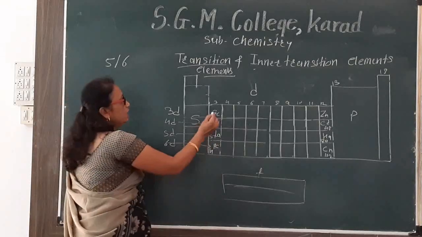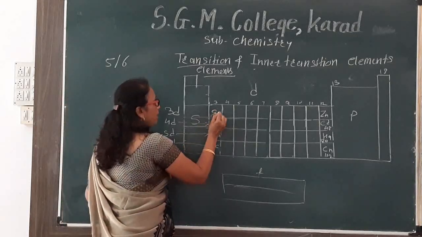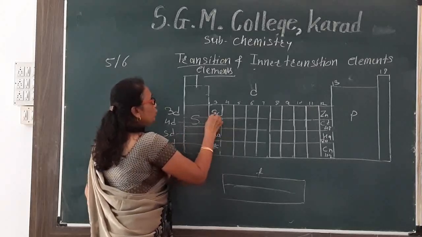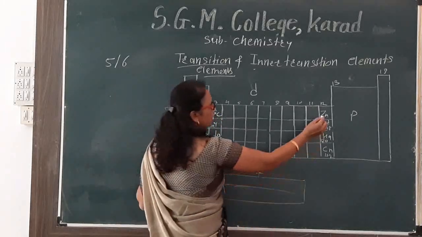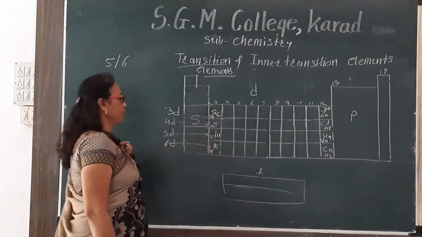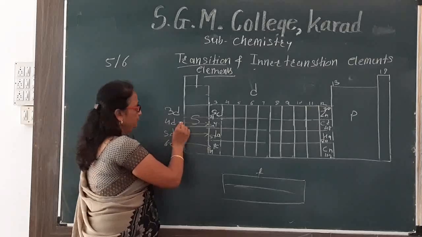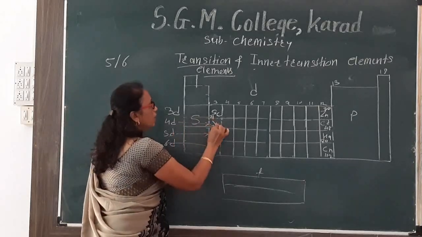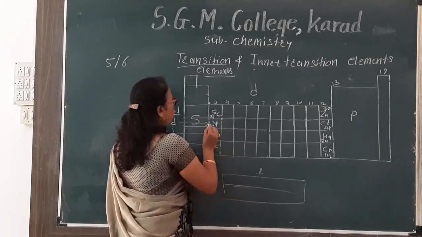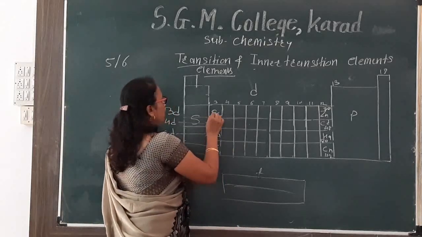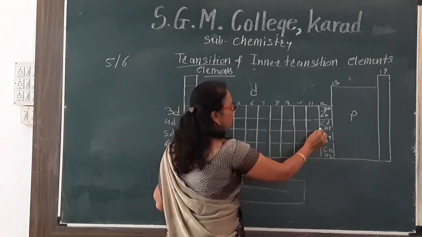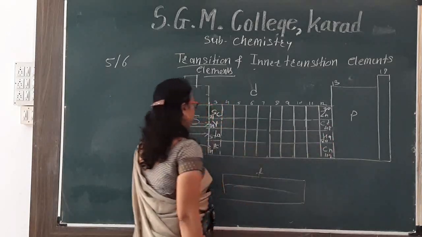The 3d series starts with the first element scandium with atomic number 21 and ends with zinc with atomic number 30. The second series starts with yttrium with atomic number 39, 21 plus 18, and ends with cadmium, atomic number 48.